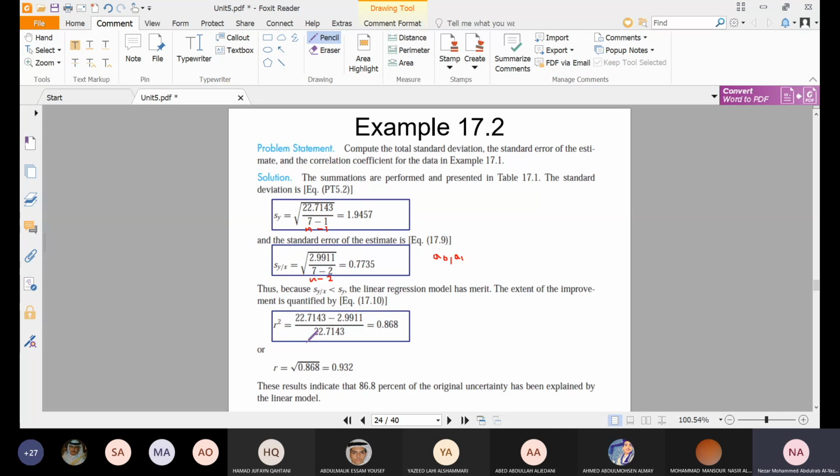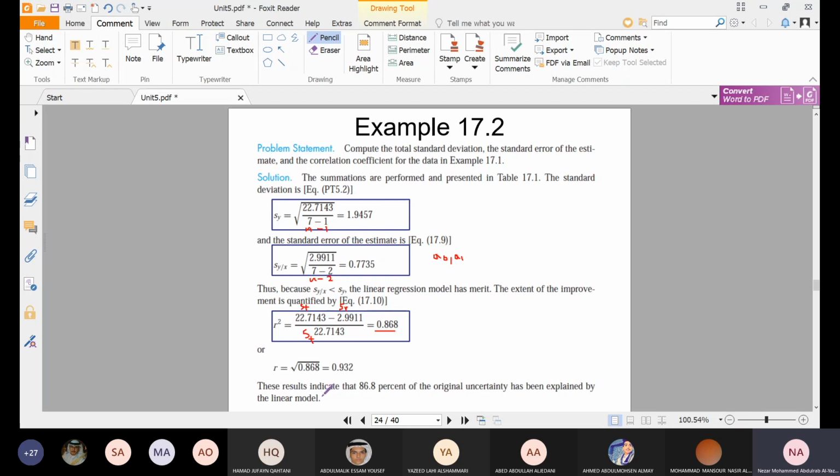The coefficient of determination is equal to S sub T minus S sub R over S sub T. This is S sub T, this is S sub R, the error. So we take the difference between them and we find 0.868.